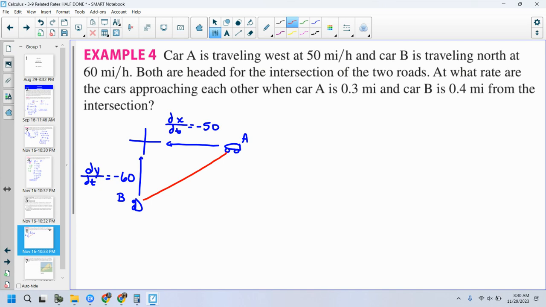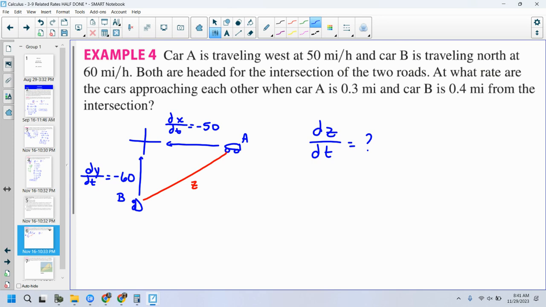So let's call this component z. We used x and y, so now we use z. You want to call them a, b, and c, whatever. So we'll call that z. So we are looking for dz/dt. That's what we want to know.